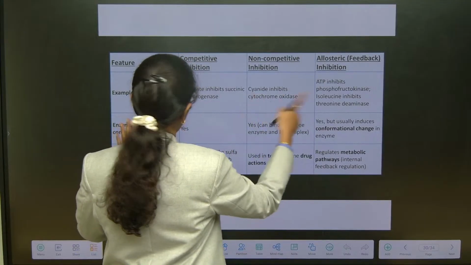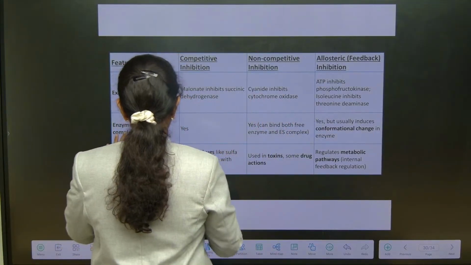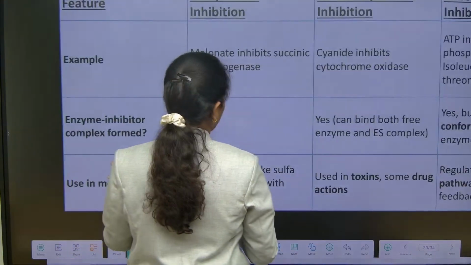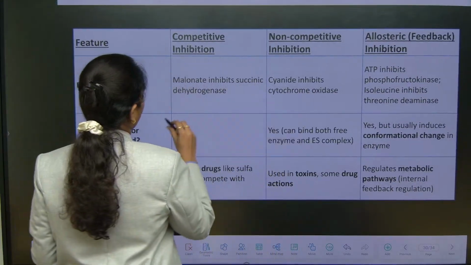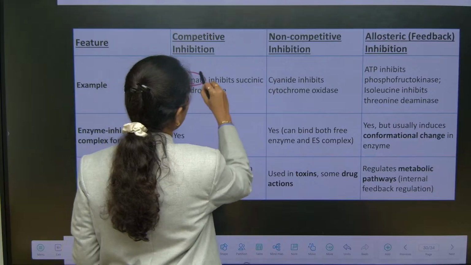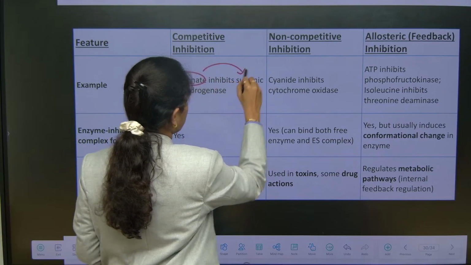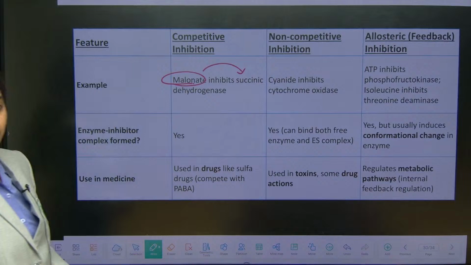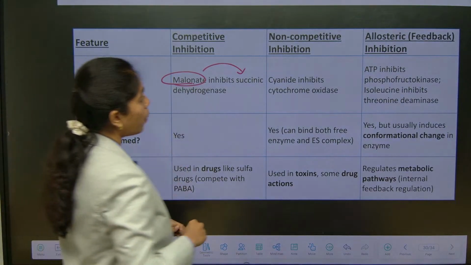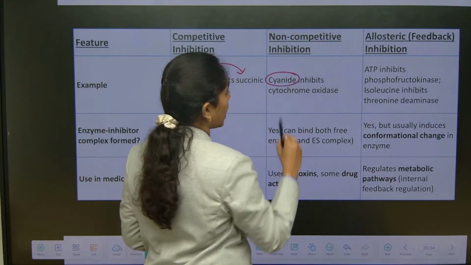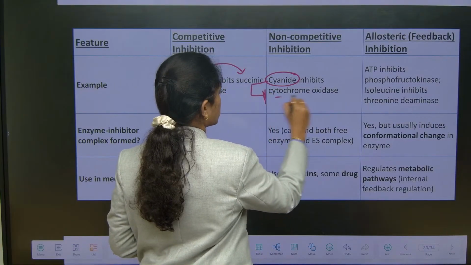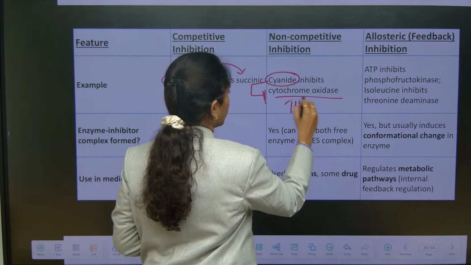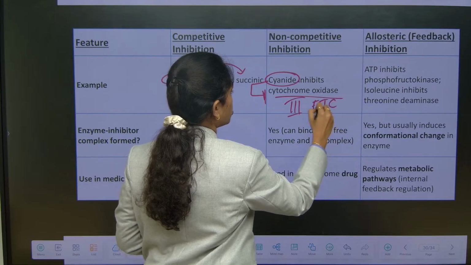Here the examples are important. For example, malonate will inhibit succinate dehydrogenase in what? The tricarboxylic acid cycle. Non-competitive inhibition, best example cyanide, which inhibits cytochrome oxidase, which is complex 4 in the electron transport chain.